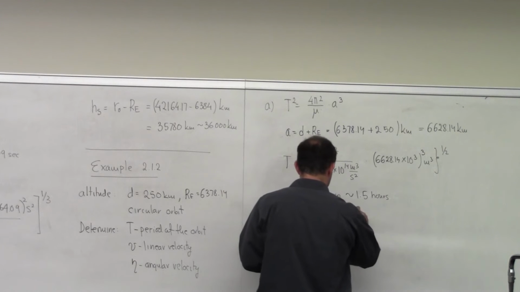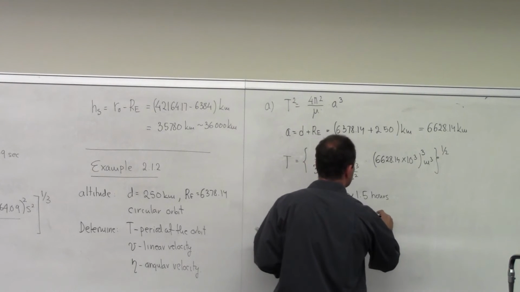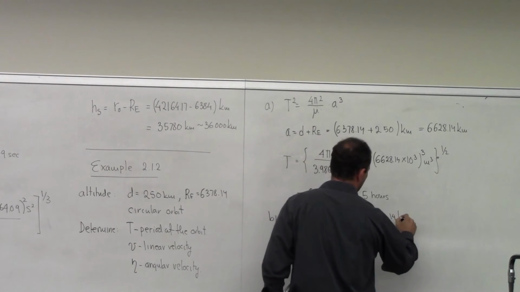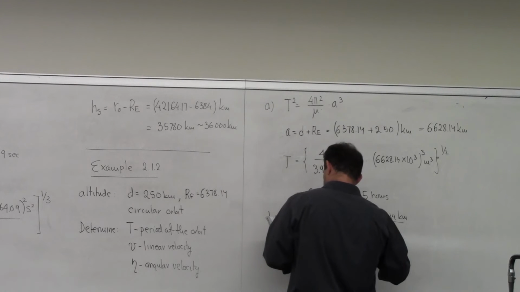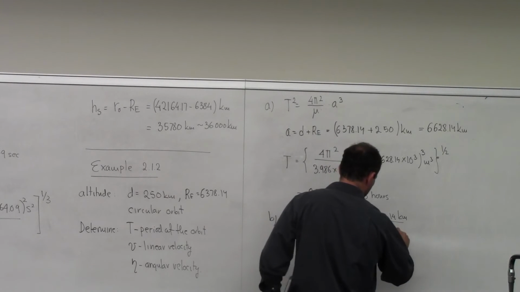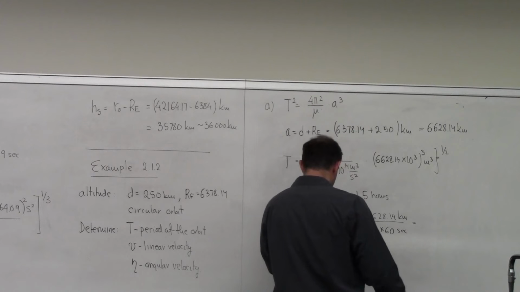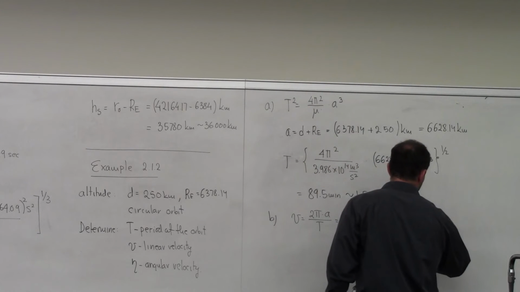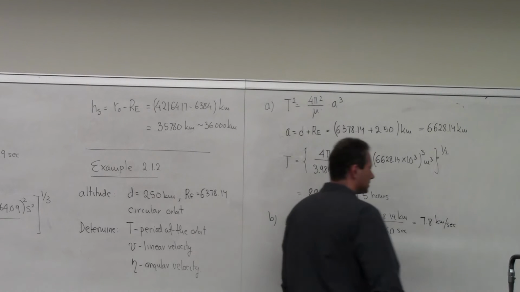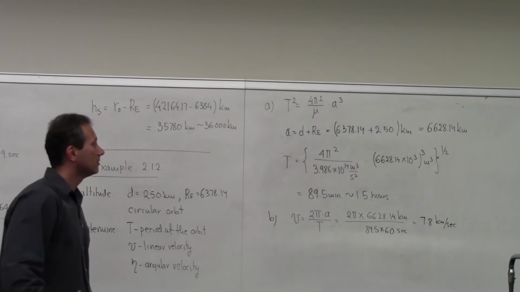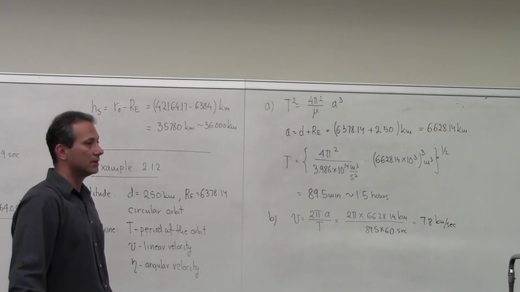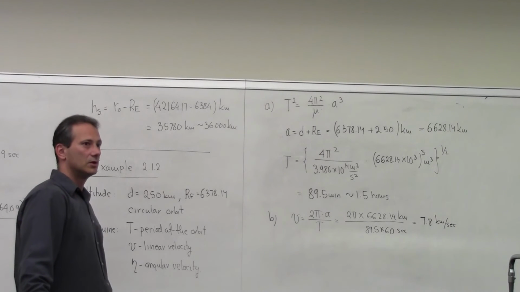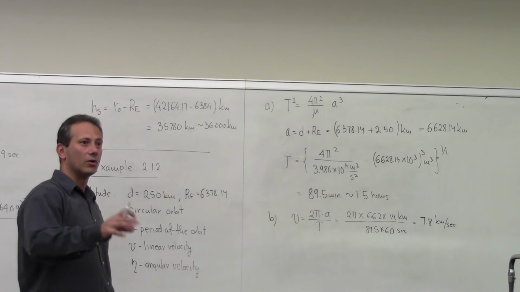So if you calculate, this is 2 pi times 6628.14 kilometers divided by 89.5 times 60 in seconds, right? So when you calculate this, this ends up being 7.8 kilometers per second. And that is kind of what I had on the slide from the last time. For low orbiting satellites, they're around 7.8 kilometers per second. That's their linear velocity. So in 1 second, it goes close to 8 kilometers, just to not fall on the Earth.